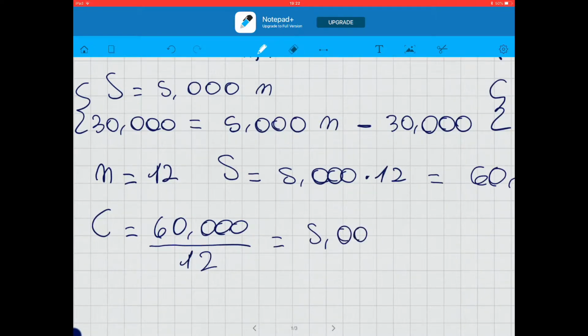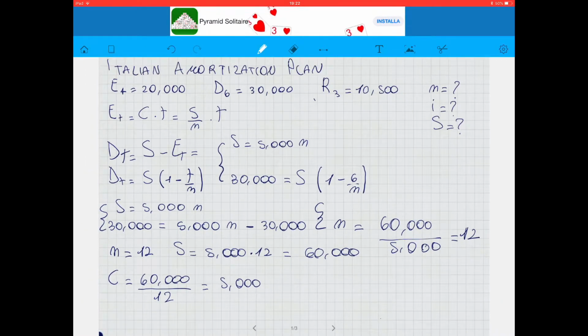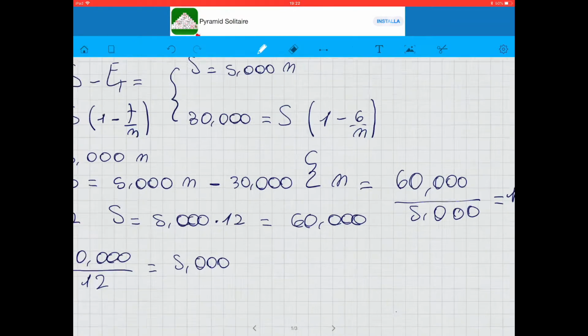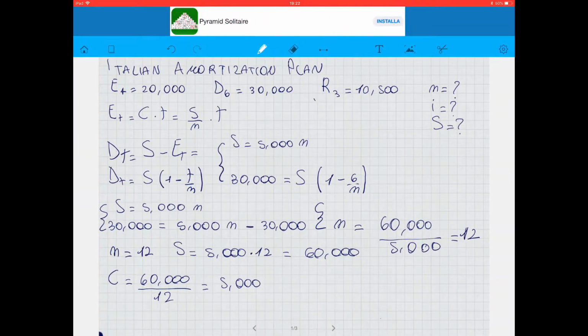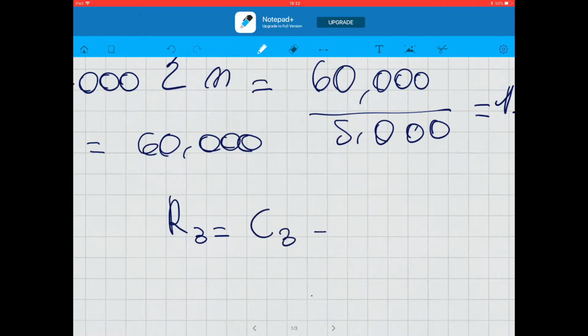So this means that each year we pay 5,000, and from the data we have R3, this right here, and we know that R3 is equal to C3 plus I D2.